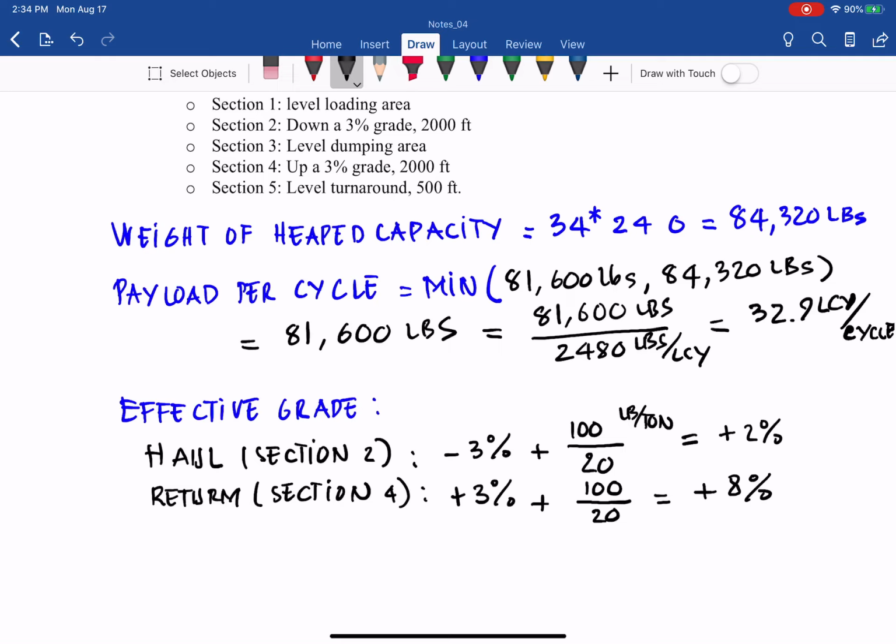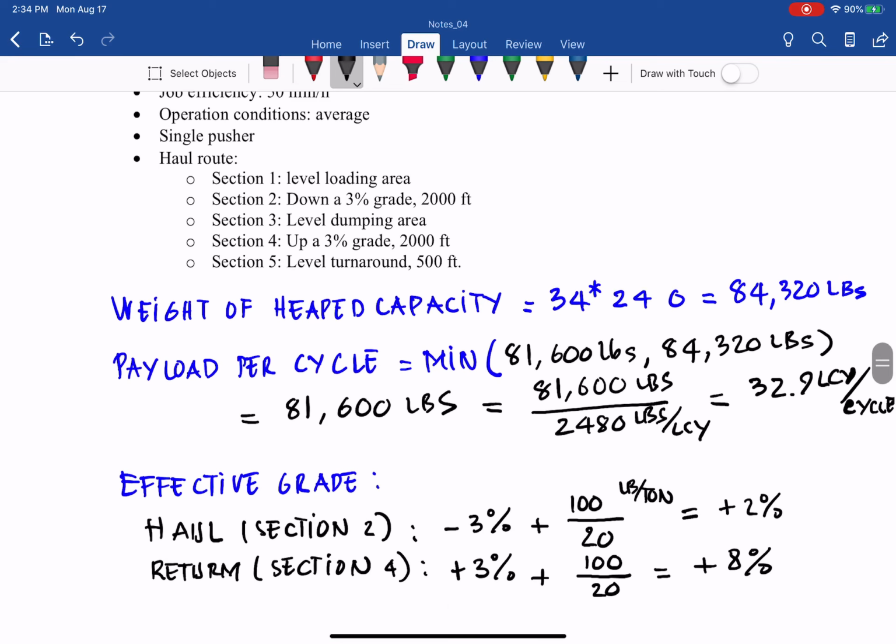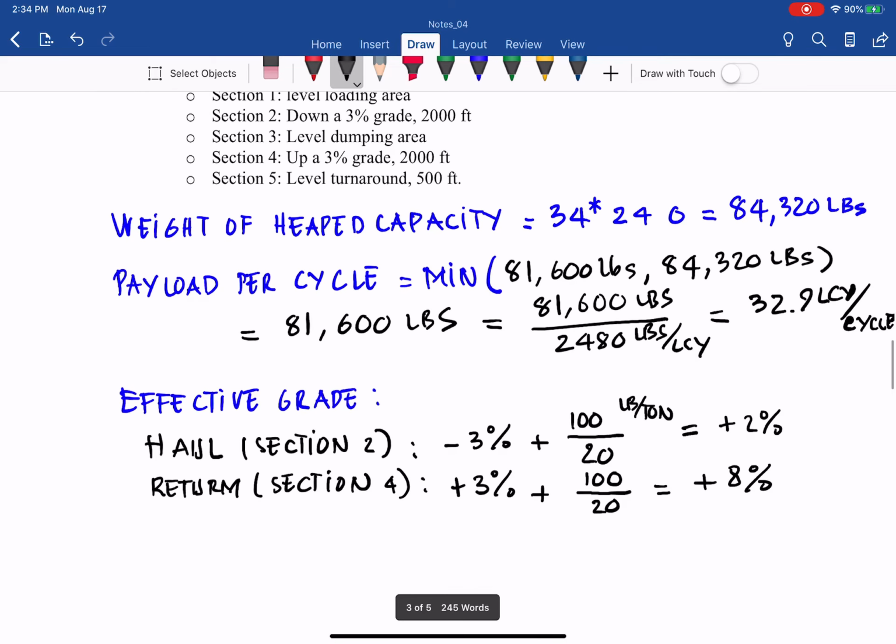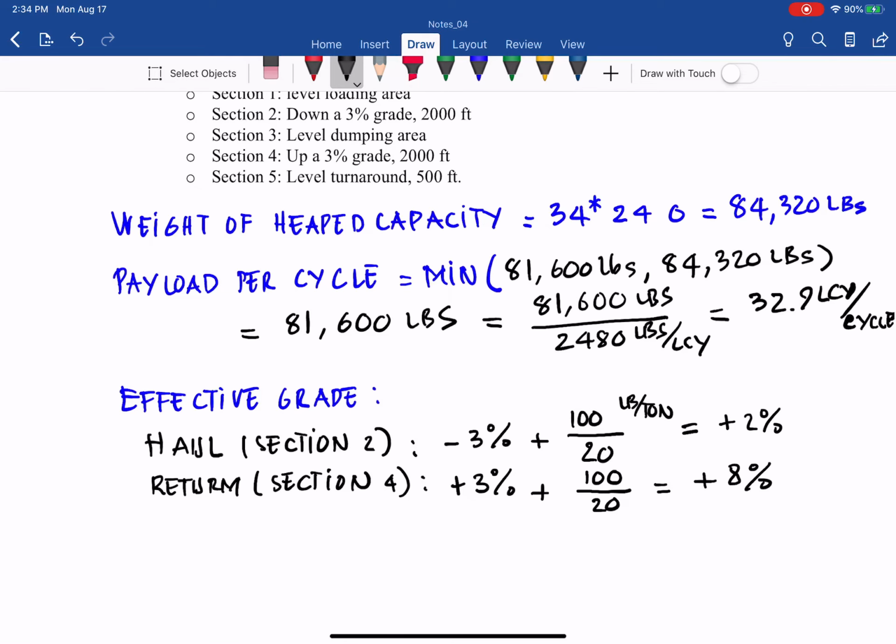For loading areas, section 1, it will be a fixed cycle, we use that. And then level dumping areas, they don't give you a distance, so basically that is also a fixed time. So we only need the turnaround time for section 5.